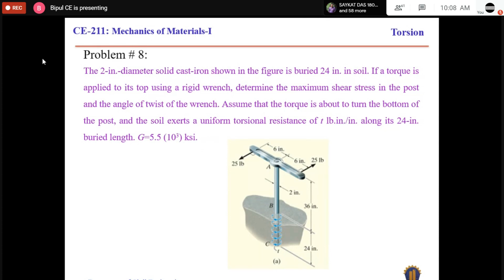We have to determine the maximum stress in the post, meaning this tube, and also the angle of twist of the wrench with respect to the other end of the post.